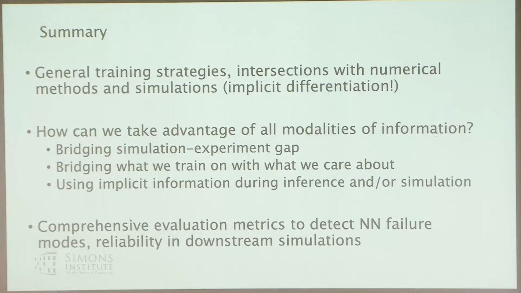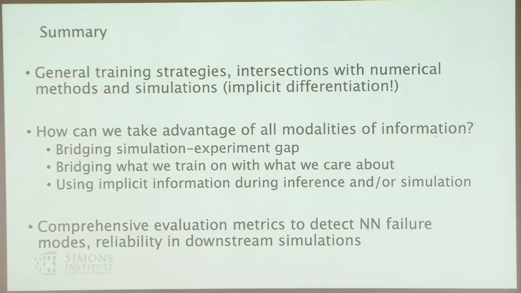I'll pose some questions here. I know this has come up at this whole workshop, and maybe it'll come up more in the discussion today: ways to bridge modalities of information, whether it's simulation and experimental gaps, or what we train on versus what we're actually going to evaluate on. How do we bridge the potential gaps between those?